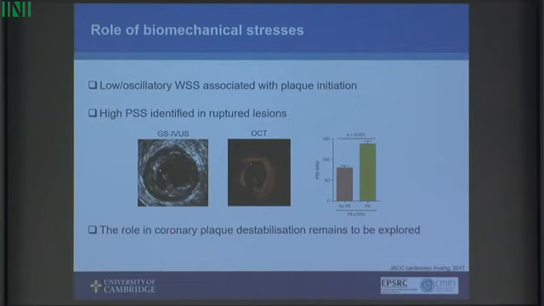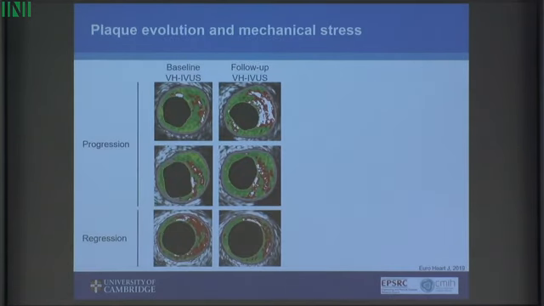But the story is somewhat missing between these two ends. So we're not entirely sure what the roles of the stresses are during the growth and destabilization of the natural history of plaques. This is why we designed two studies.